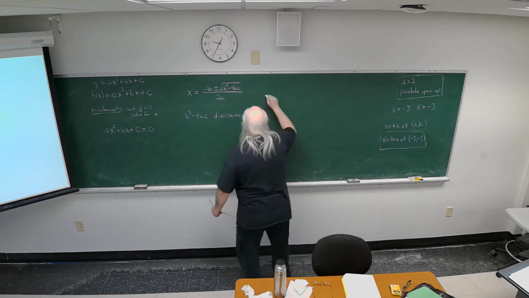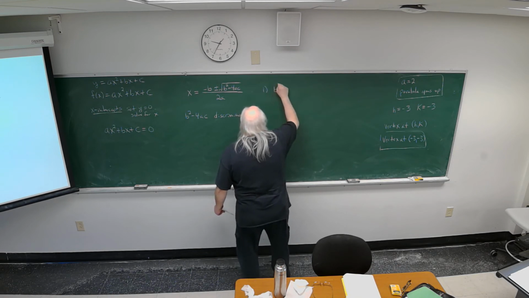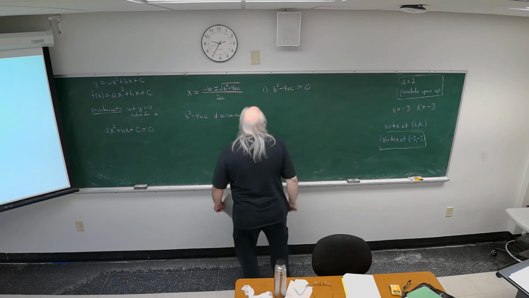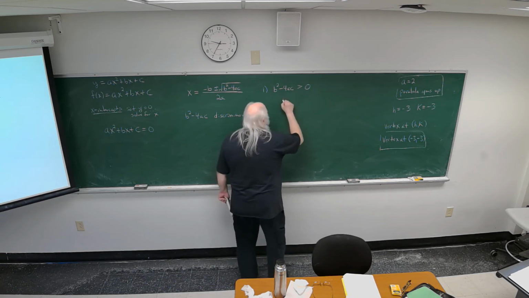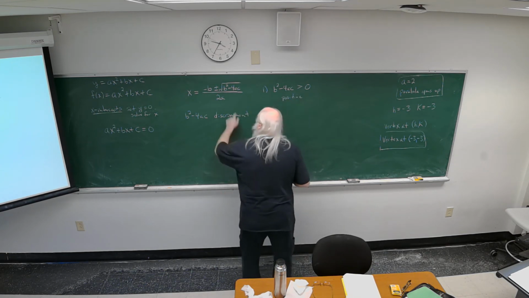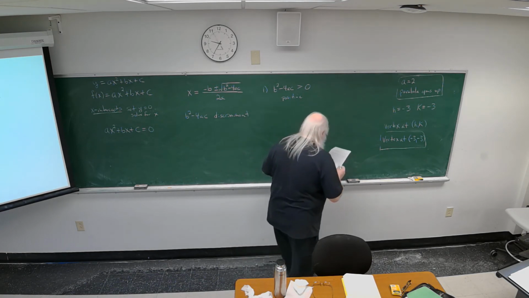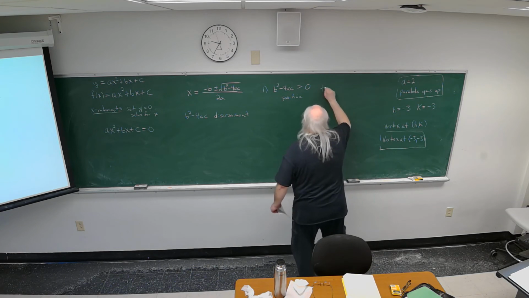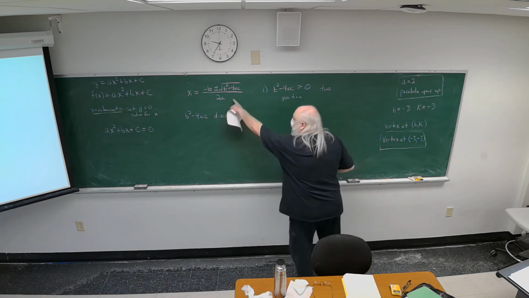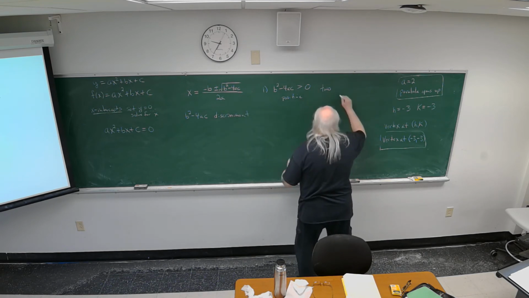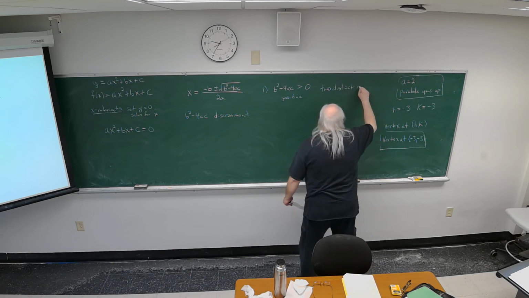So in scenario number 1, the discriminant b squared minus 4 times a times c can be a positive real number. If this discriminant is a positive real number, greater than 0, then from this formula there will be 2 distinct real solutions.